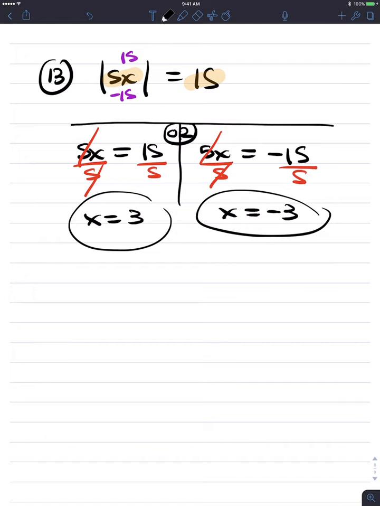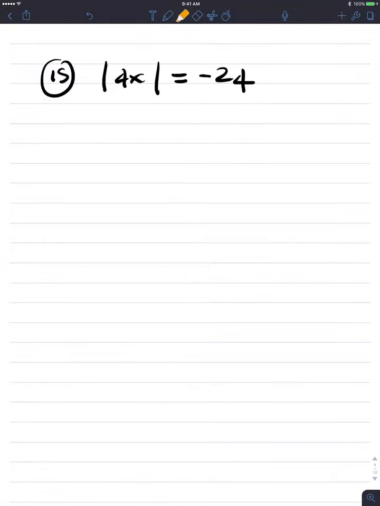This is number 13. Number 15, we got the absolute value of 4x here is a negative number, negative 24. Once again, we say this can never happen.